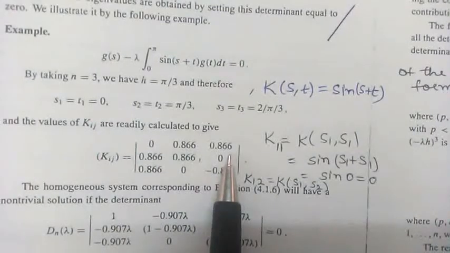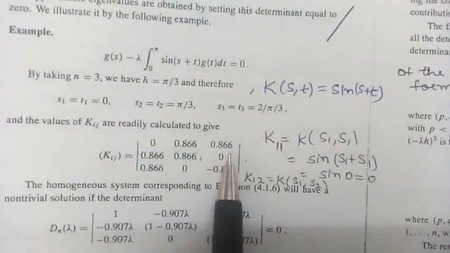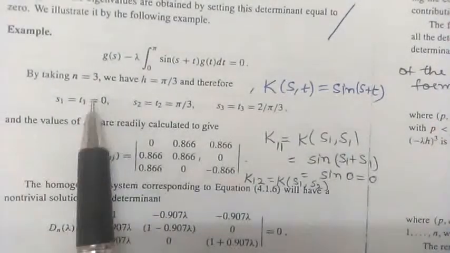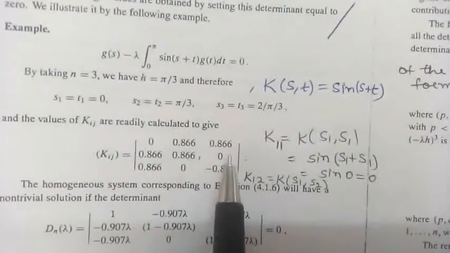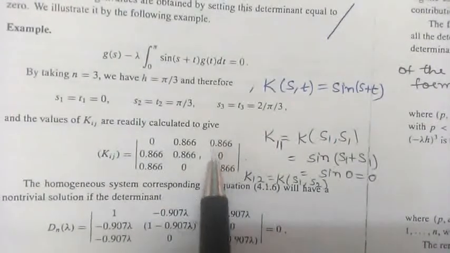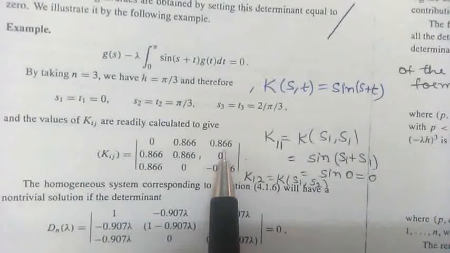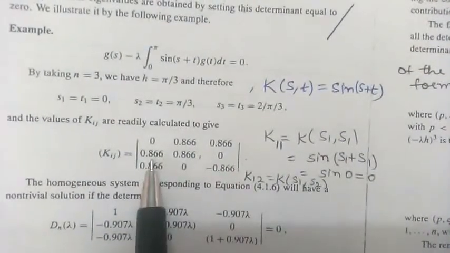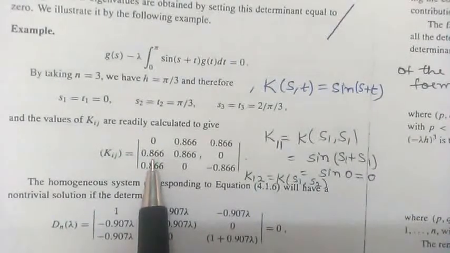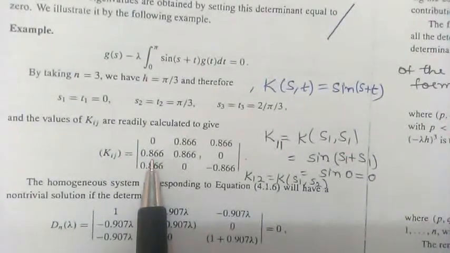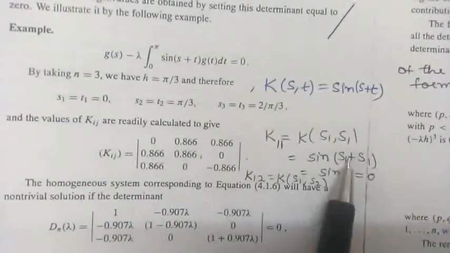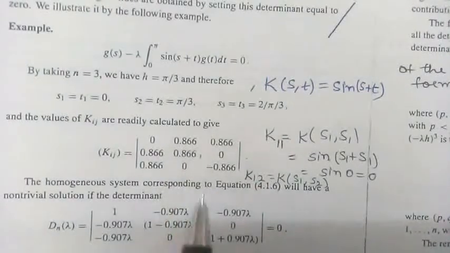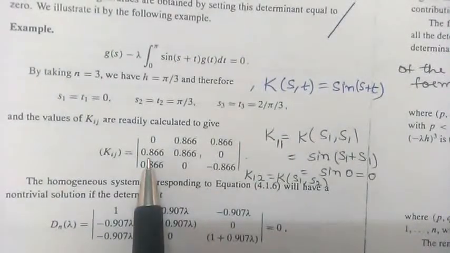Now to find k13, k13 will be k(s1, s3). s1 is 0, s3 is 2 pi by 3, so that will become sin 2 pi by 3, which is also root 3 by 2, which is 0.866. Now k21 means k(s2, s1), which means sin(s2 plus s1), that is sin pi by 3, which is 0.866.